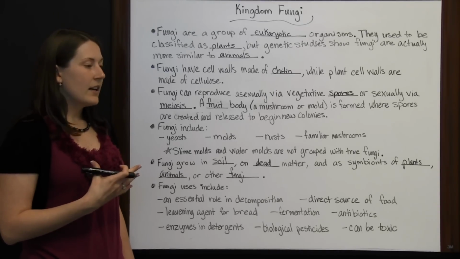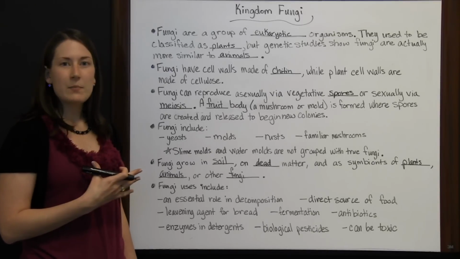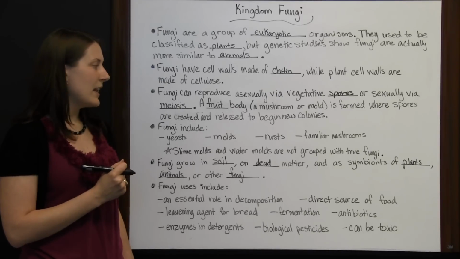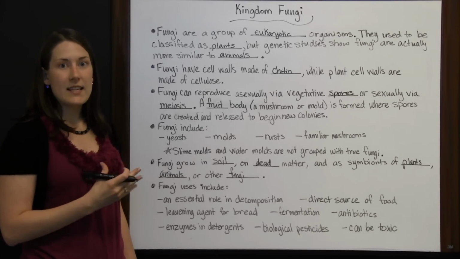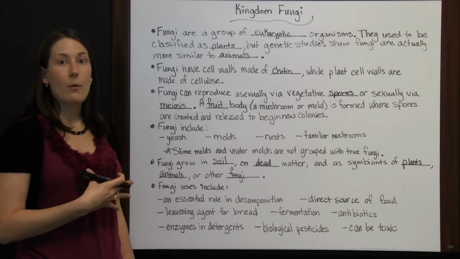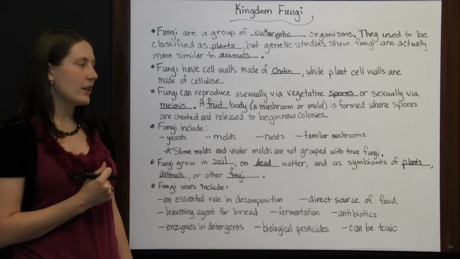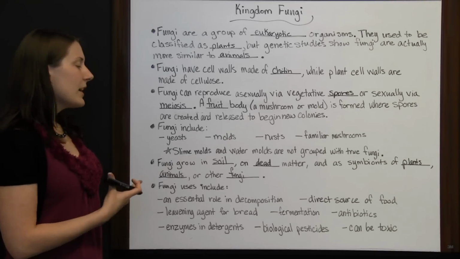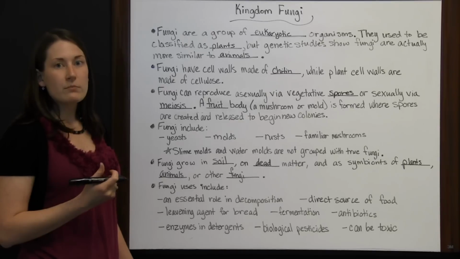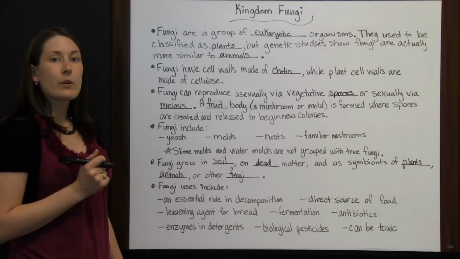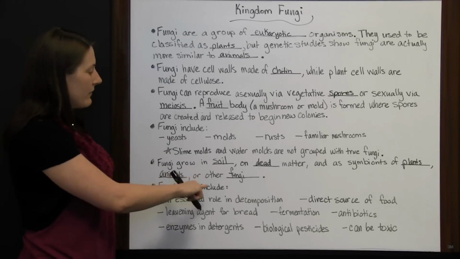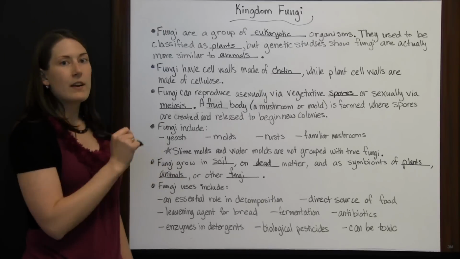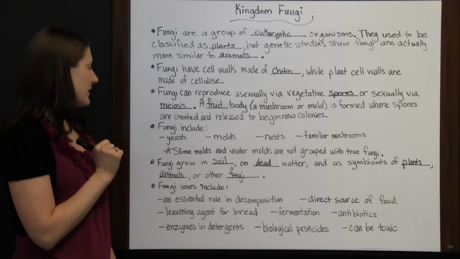For instance, on certain rice plants, if a fungus grows on it, it can cause a disease that causes all those crops to go bad and not be good for consumption anymore. So it can be a bad relationship, or something neutral, or something that's helpful for both the plant, animal, or fungus and the fungus that is growing on one of those things.